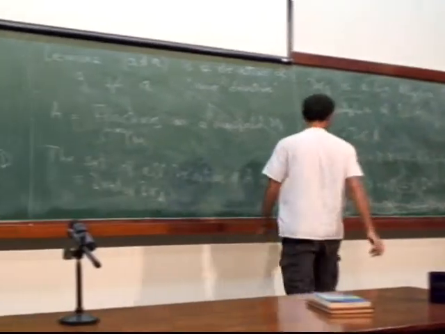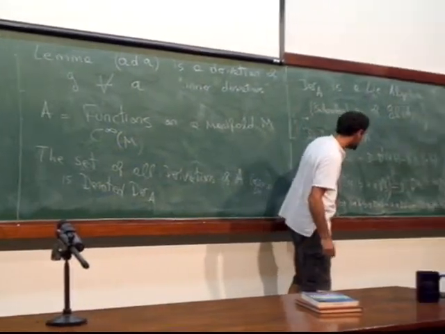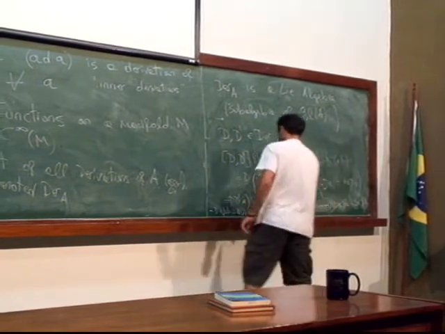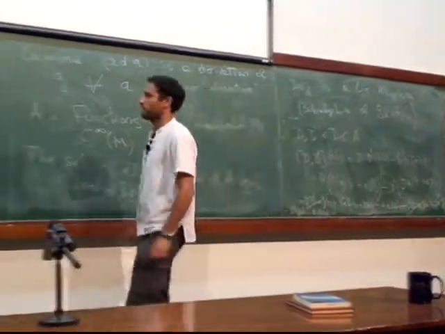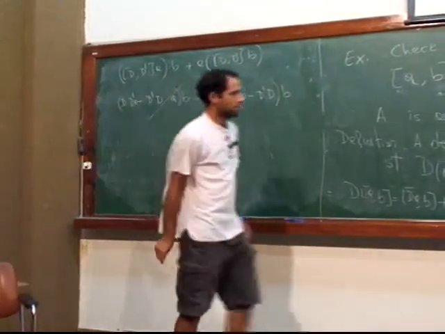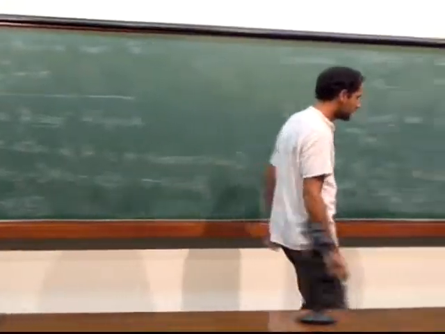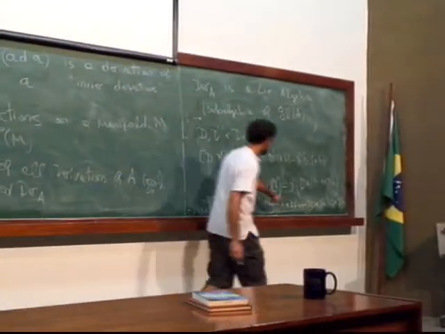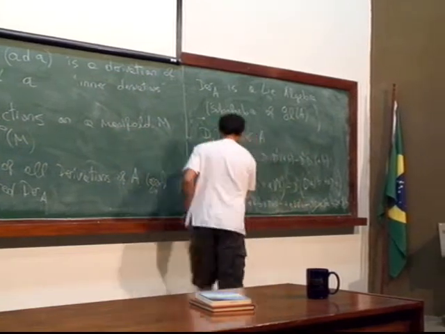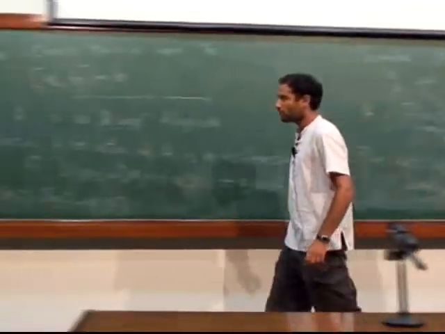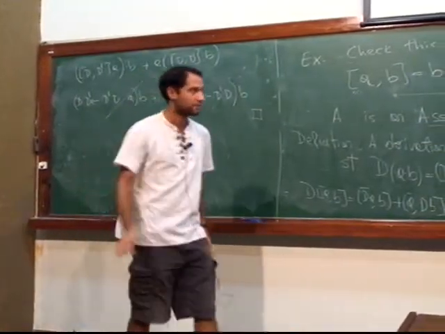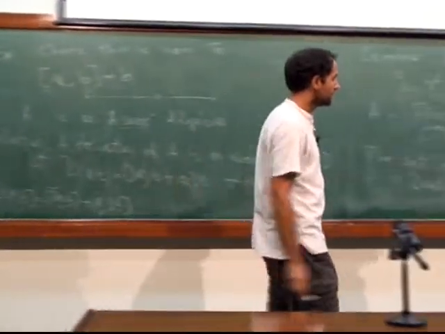So we now check that we have d d prime A minus d prime dA times B. So this guy cancels this guy, and the rest cancel. So now we have A times d d prime B minus d prime dB. So these two cancel the rest. And we have the algebra of derivations.